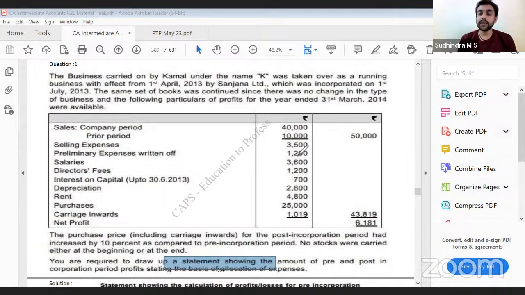Below that, identify the date of incorporation. Below that, based on that, compute the time ratio.